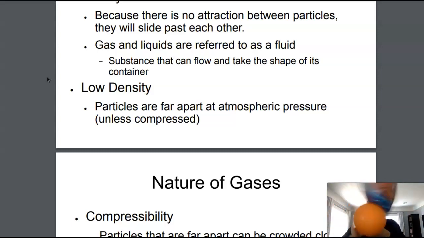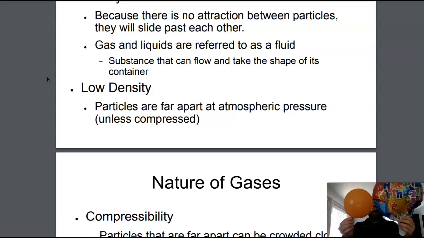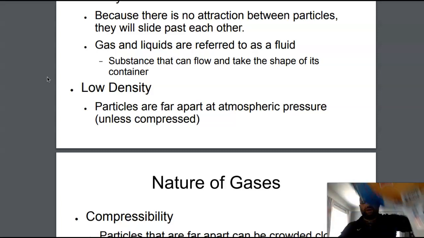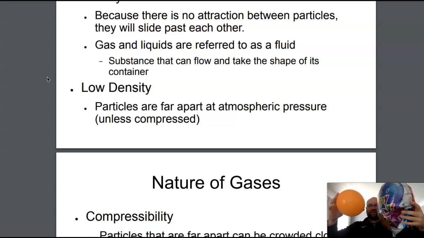If we tie off the end of the balloon here that I filled with air, okay, we have two balloons. Let's determine the density. We see that one balloon sank and the other floated up because of the difference in density.